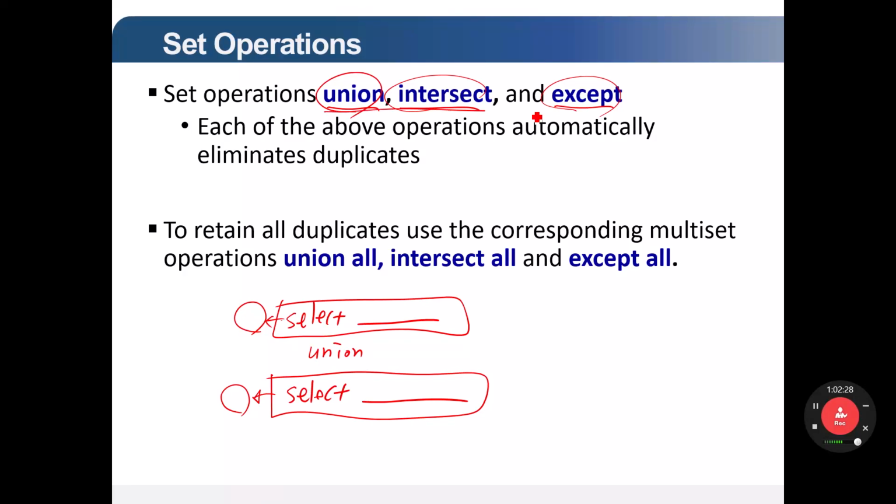And they are set operators. Since they are set operators, by default duplicates are eliminated. But if you do not want to delete duplicates, you should use the all option after those set operators.